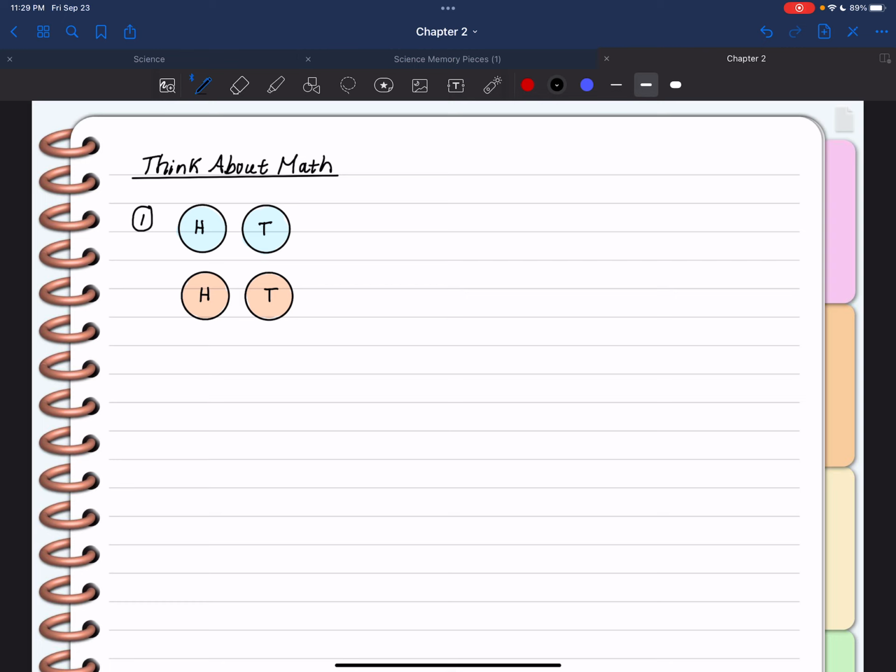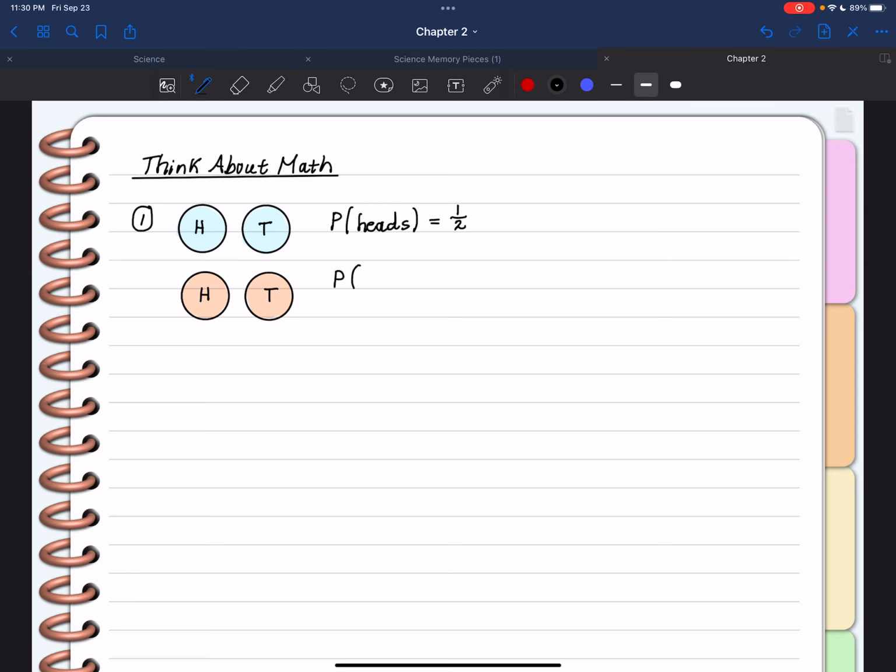So you flip 2 of them at the same time. You throw the 2 coins up into the air. What is the probability that this one will land heads up? Well, it could either be heads or tails, and only one of them is heads.